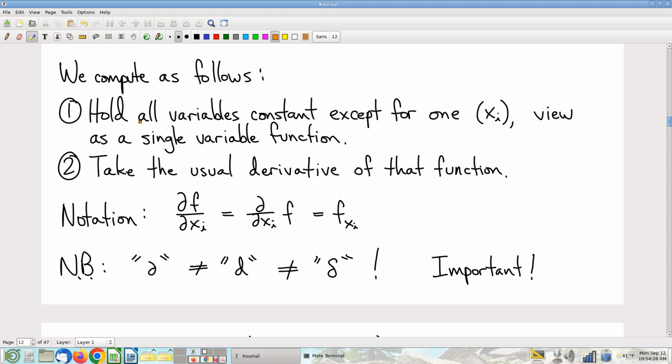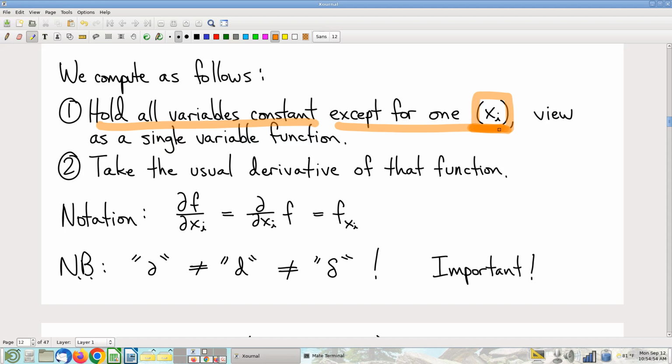We're going to choose to hold all variables constant except for one. Now that seems like, are you allowed to do that? Right, I've got a function with a bunch of variables. Can I just pretend that most of them are constants? Well, I guess, a free country and all that, right?